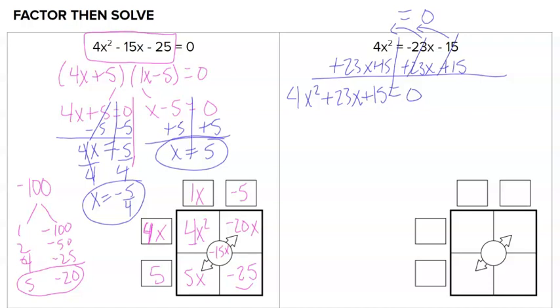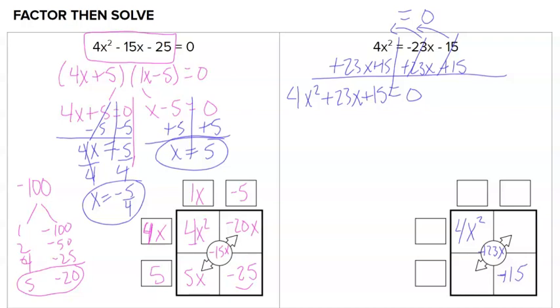Always make sure you write it in standard form, with your highest exponent first down to your lowest exponent, because that's going to make it easier to factor. So then we put it into our factor box of 4x squared plus 23x plus 15. And then you can use your factoring skills to finish solving that.